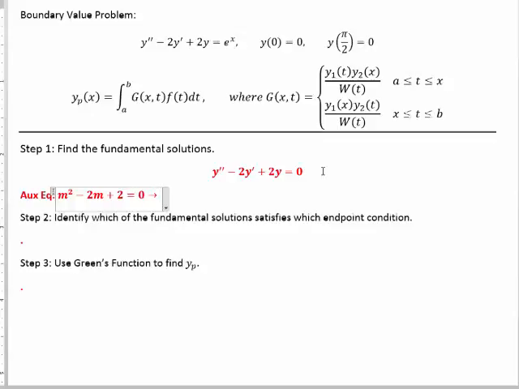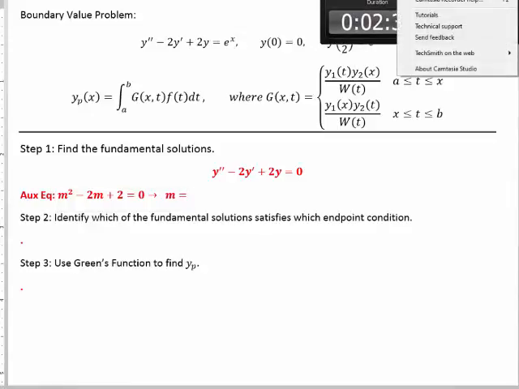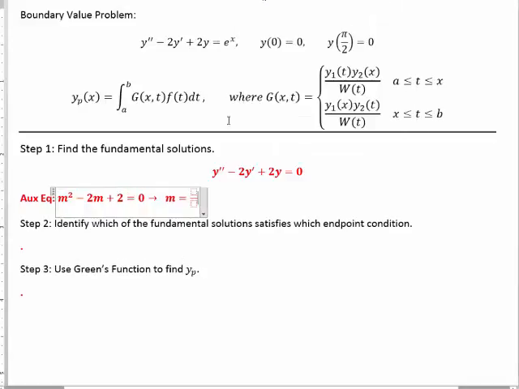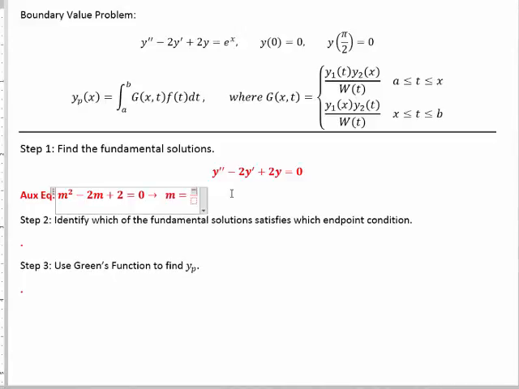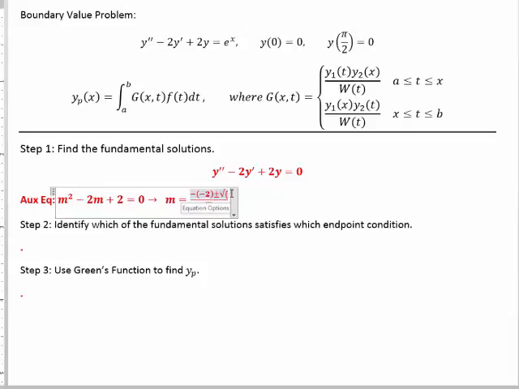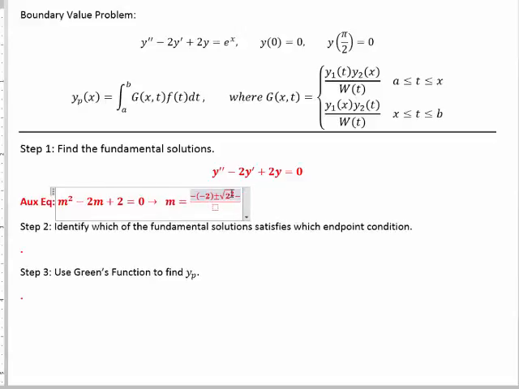And so I think this is kind of difficult to factor, so we may have to use the quadratic formula, so that m is going to equal minus b, so that's minus -2, and then plus or minus the square root of b squared, so that's 2 squared, minus 4ac.